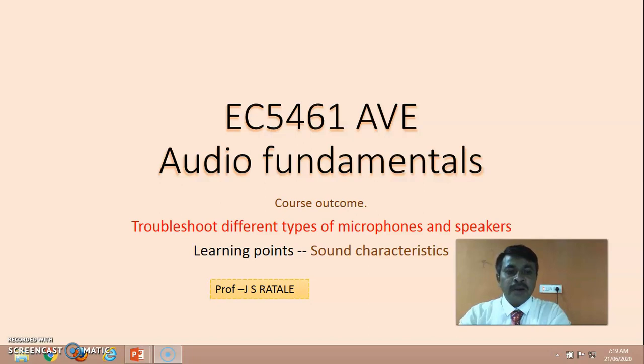The most important point of Unit 1 is the course outcome: troubleshoot different types of microphones and speakers. In short, after learning Unit 1, the student will be able to identify different types of microphones as well as speakers.